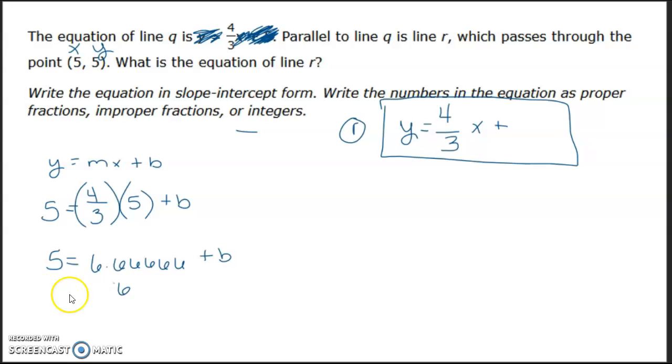We've got to round the right way. So we have b equals 5 minus 6.7, which is negative 1.7. There's my b, so that can go right here, negative 1.7. When it doesn't tell you what to round to, we can just round to the tenths spot.